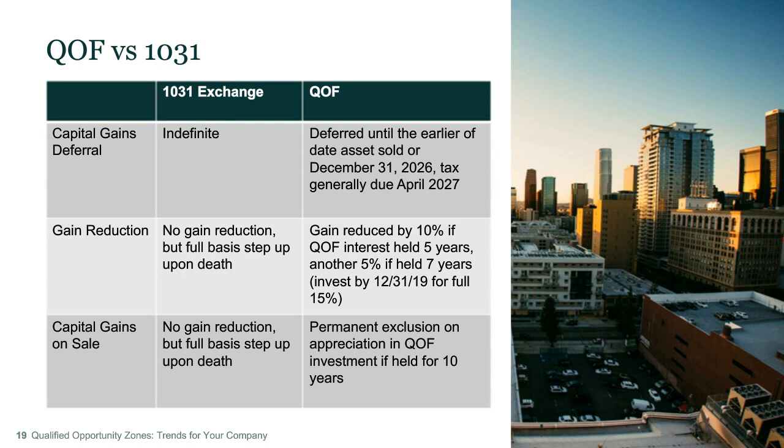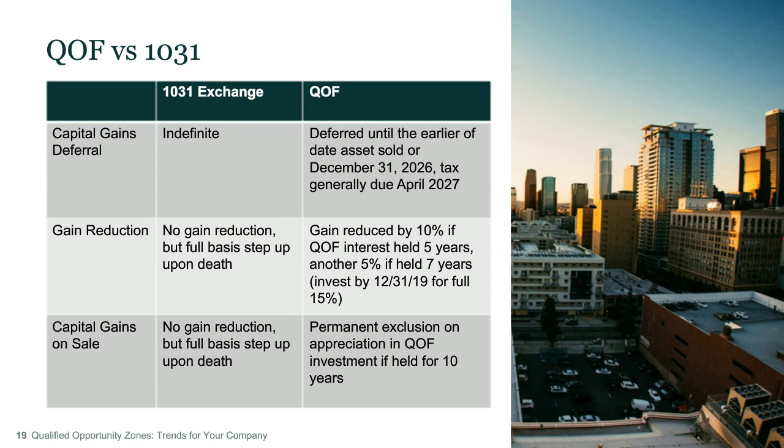With a 1031 exchange, you don't have a gain reduction, but you do get a full basis step up upon death for whoever inherits the property. With a qualified opportunity fund, as long as you hold it for 5 and 7 years, you get 10% and 5% gain reductions. So you do have some reductions in your gain that you don't have with the 1031 exchange.